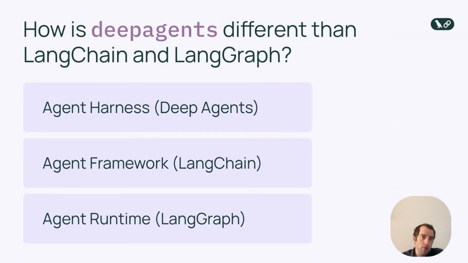Now, how does this differ from LangChain and LangGraph? So LangGraph provides a core agent runtime. This gives low-level infrastructure, things like checkpointing, things like memory, support for human-in-the-loop. That's all built into the LangGraph framework itself. Now, LangChain provides some generally useful abstractions, for example, for accessing chat models, for defining tools.